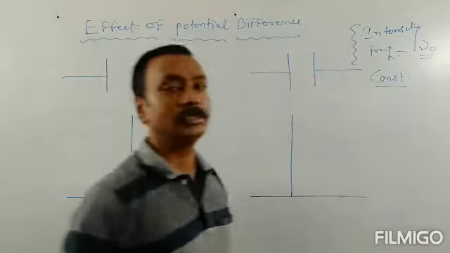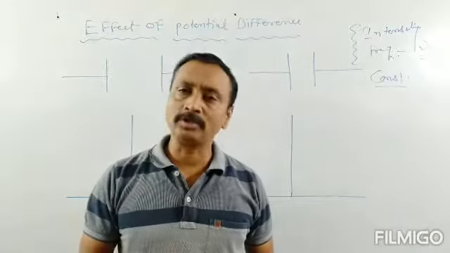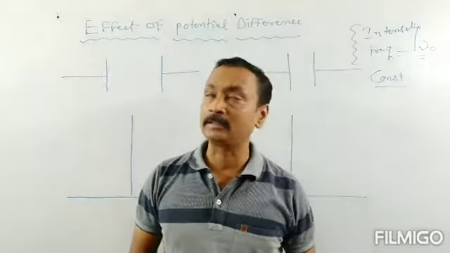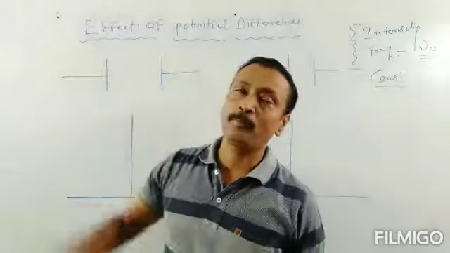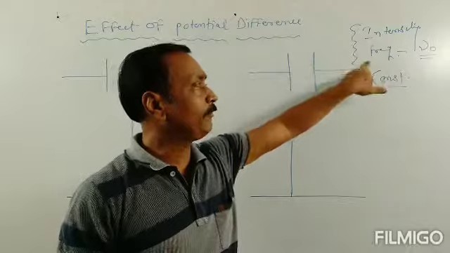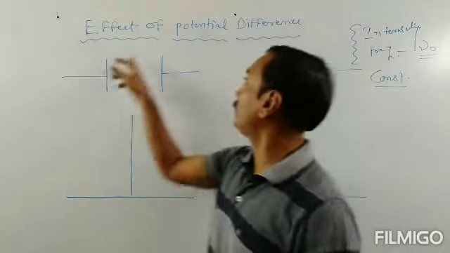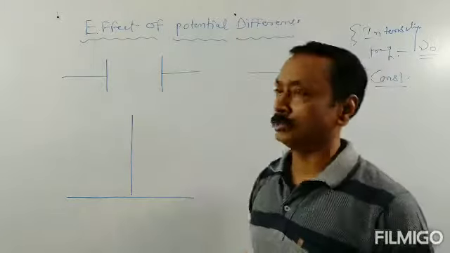There is no change at all in the frequency and the intensity. We have to keep both constant when studying the effect of potential difference. So let's look at what happens with the effect of the potential difference.